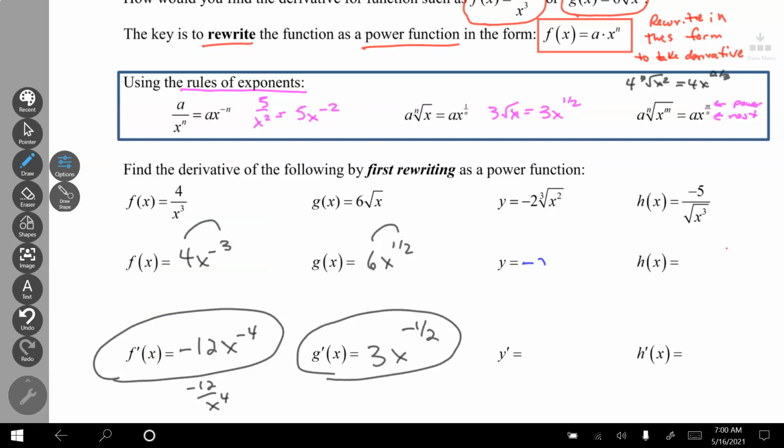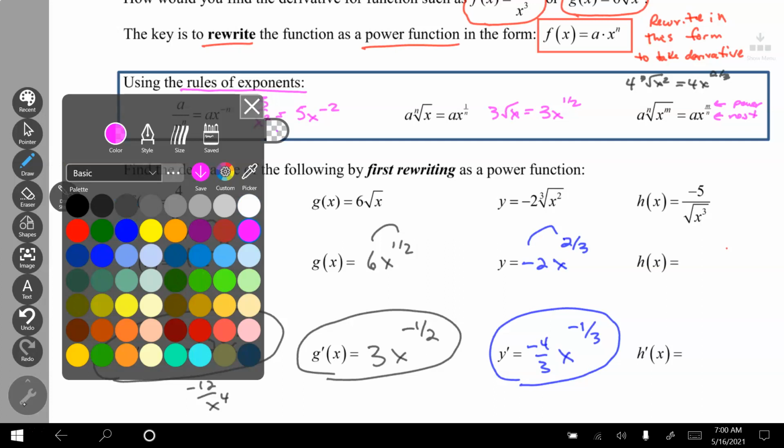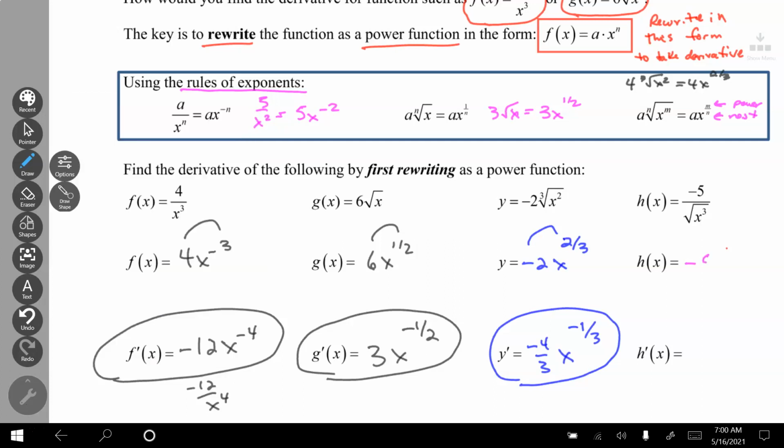I rewrite this as negative 2x to the 2/3 power. I multiply, I get negative 4/3. And when I subtract 1 from this exponent, 2/3 minus 1 is top minus bottom, negative 1 over the denominator of 3. That does not change. And this last one, where it gets a little bit trickier, it's going to be negative 5.